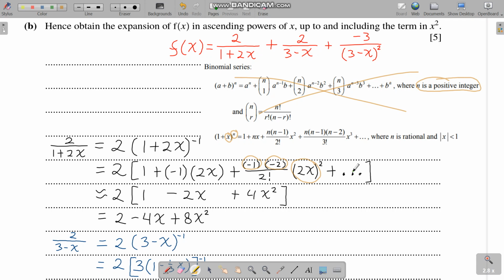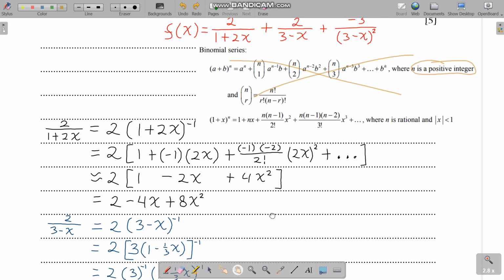And we don't need to continue because we only need expansion until the x squared term. Okay, so just follow the formula, identify the n and the x, and don't forget the brackets. So after you simplify, we have minus 2x, and they cancel out here, so just 4x squared, and multiply by 2, we get 2 minus 4x plus 8x squared.